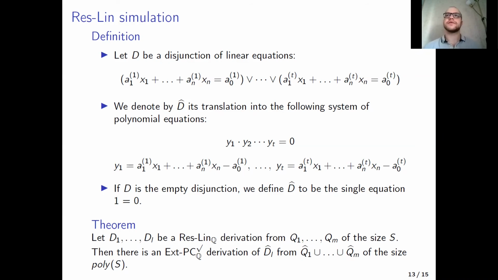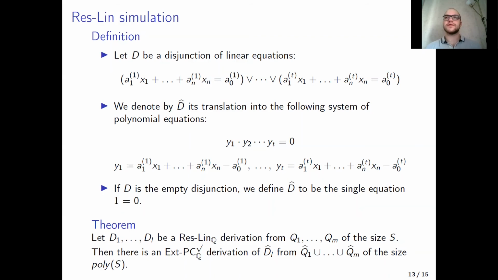So the theorem states the following: if we have some derivation in the Res-Lin proof system of some disjunction from a system of disjunctions Q1, etc., Qm, then there is an extended polynomial calculus with square root derivation of the translation of the ending disjunction of the original derivation from the union of the translations of the initial disjunctions.